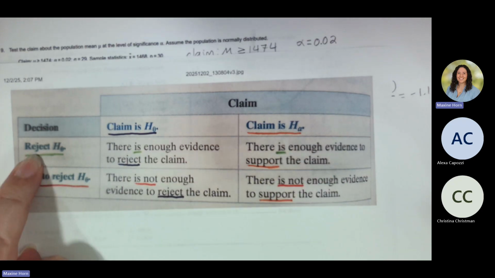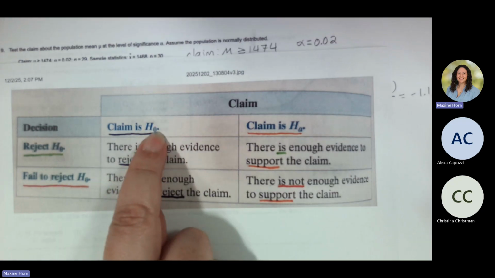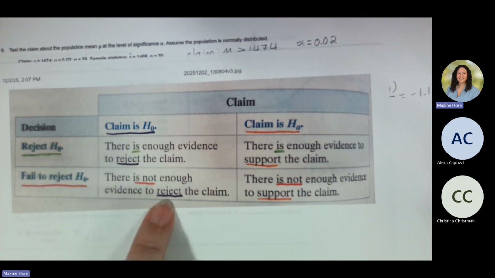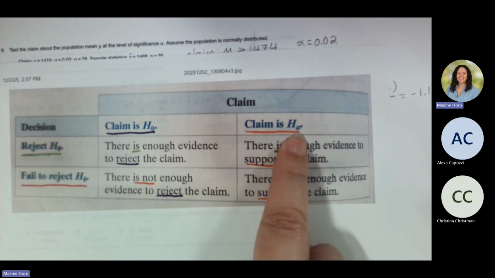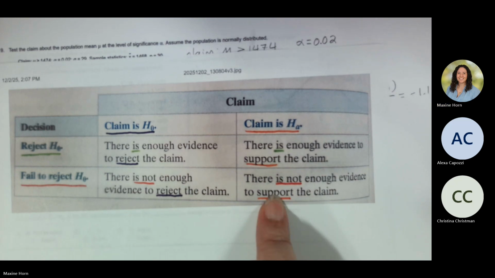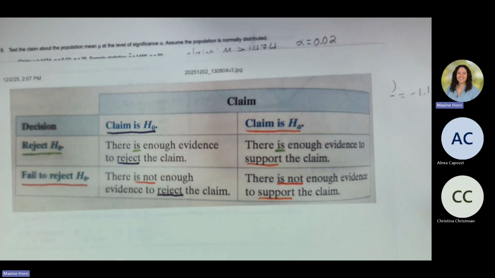You either rejected the null hypothesis or you failed to reject it. Okay, if your claim was the null hypothesis, you're saying something about rejecting. If your claim was the alternative hypothesis, you're saying something about supporting. Right? Do you see the pattern here in the way that these sentences are set up?